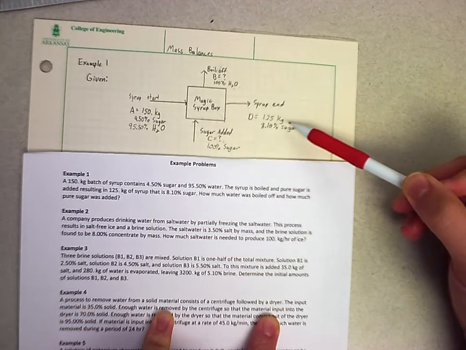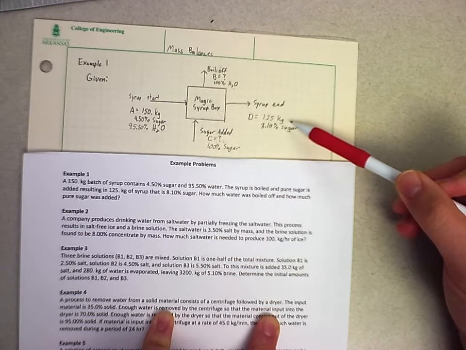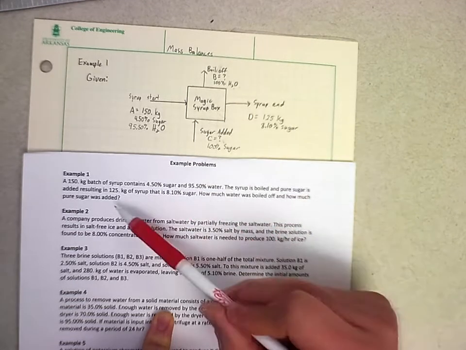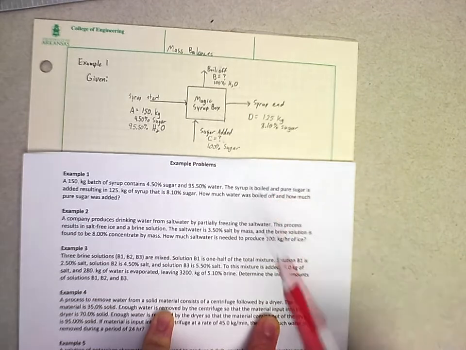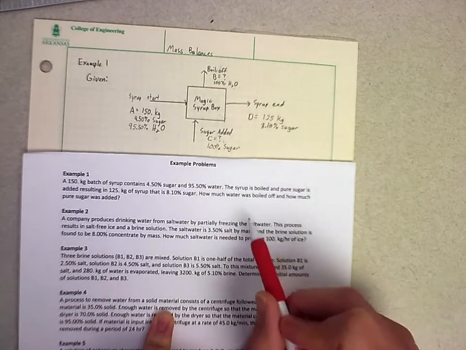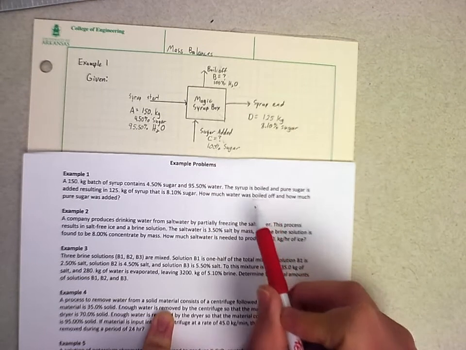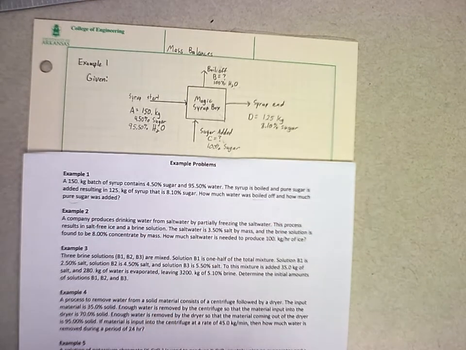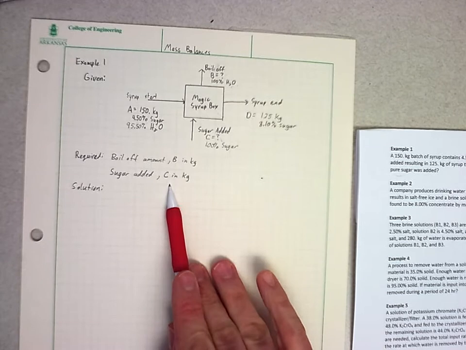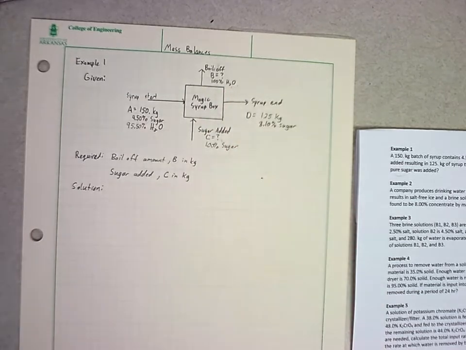And then in the end, I can get that part D, the end syrup, is 125 kilograms, and that is 8.10% sugar. So it wants to know how much water was boiled off, B, and how much sugar was added, C. So I can get those by setting up mass balances. Again, just as a reminder, what I'm trying to find are B and C, the amounts of these two streams.